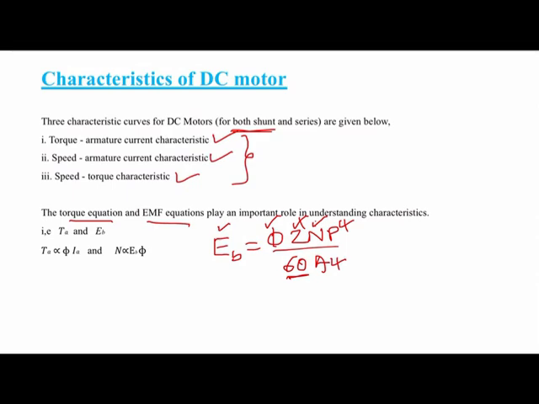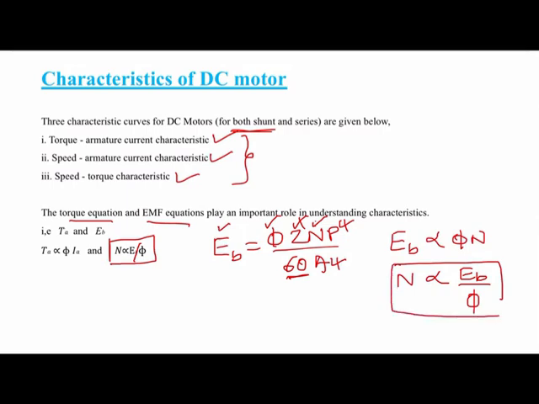So we can rewrite this equation: back EMF is directly proportional to flux and speed, or speed is directly proportional to back EMF and inversely proportional to flux. The same thing is given here: N is directly proportional to back EMF and inversely proportional to flux. With these relations we can easily draw the various characteristics of the DC shunt motor.